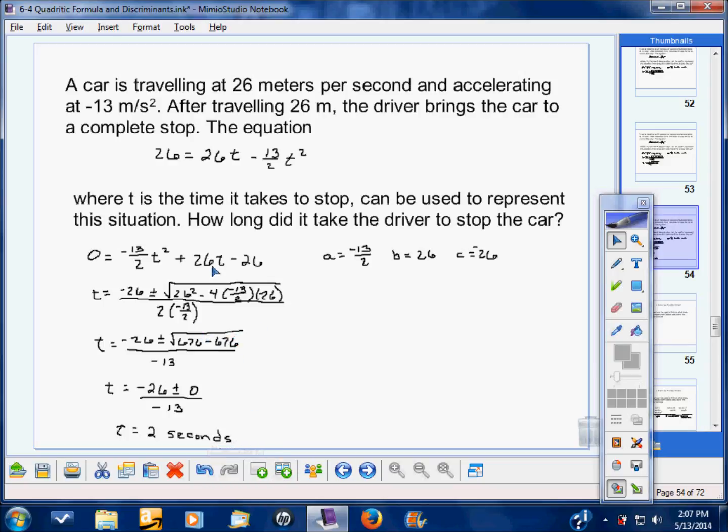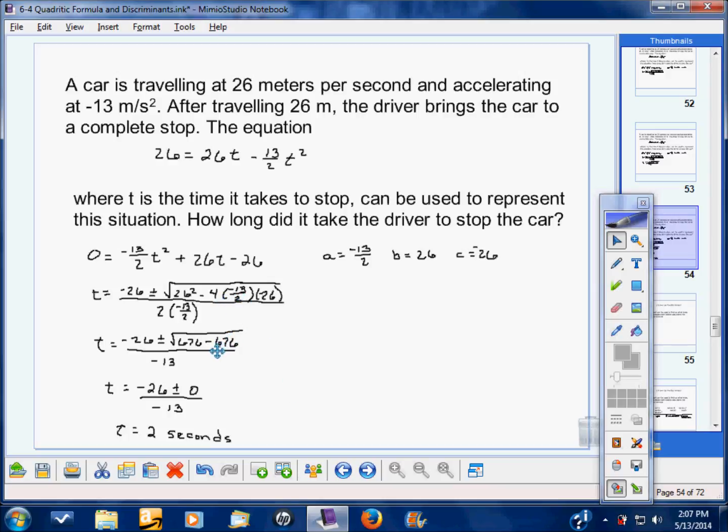Okay, so this one, even though it looks really complicated to start, if you don't like doing the 13 halves, turn it into a decimal. 13 halves would be 6.5, so you could do negative 6.5 if you wanted to. The good thing about the quadratic formula is all you're doing is taking your time, plugging in numbers.